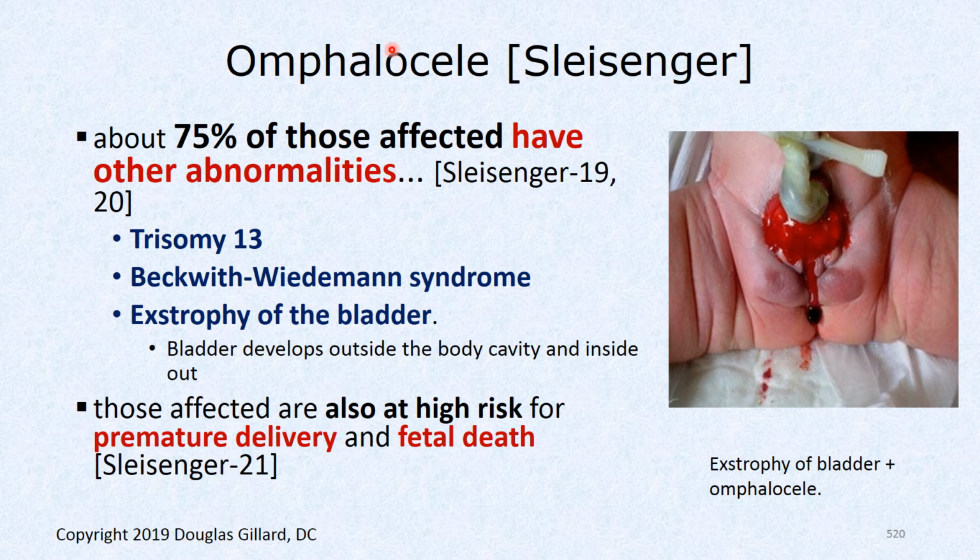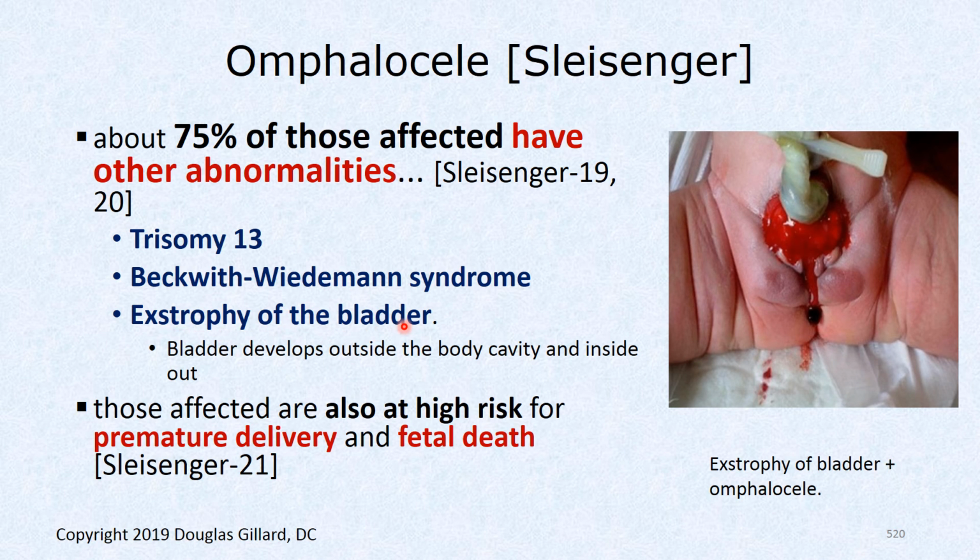So these children who are born with omphalocele have a huge chance of some other big problems as well. 75% of them have other abnormalities. There's a list of these things. Some of the big ones are trisomy 13, you'll learn in your genetics class. Beckwith-Wiedemann syndrome is another one.